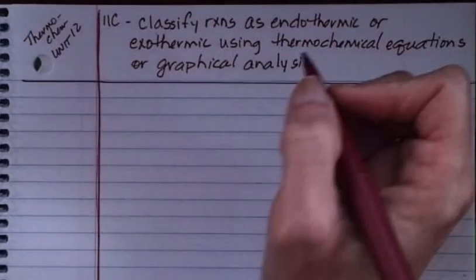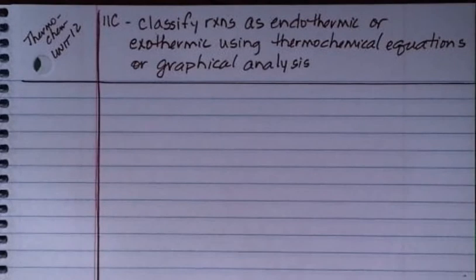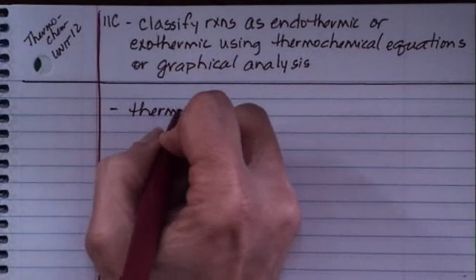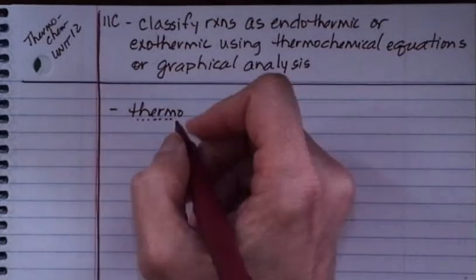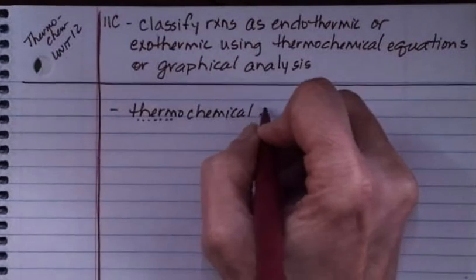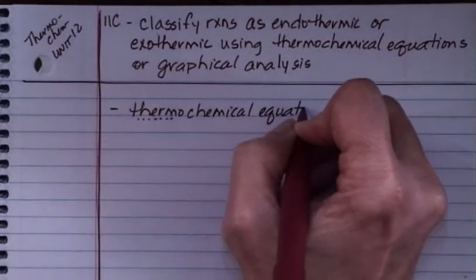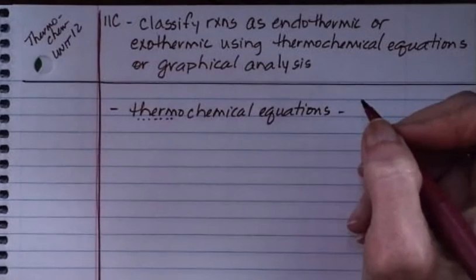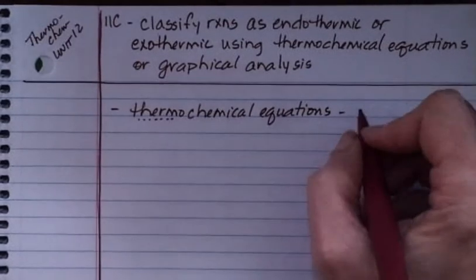Okay, so thermochemical equations. The first thing you need to know, thermo, you guys know thermo means heat. These are chemical reactions that include an amount of energy with them.